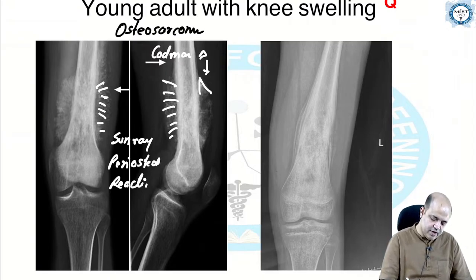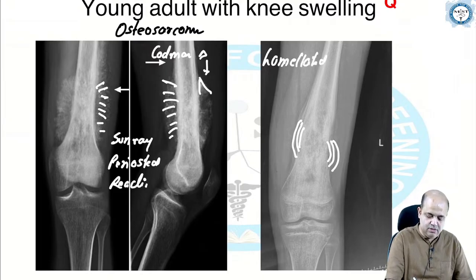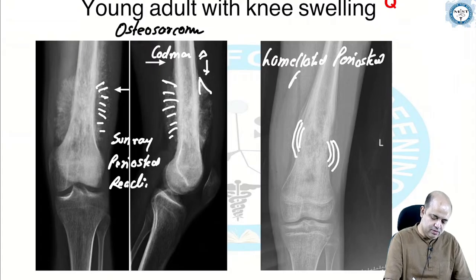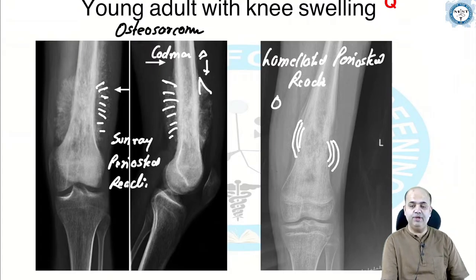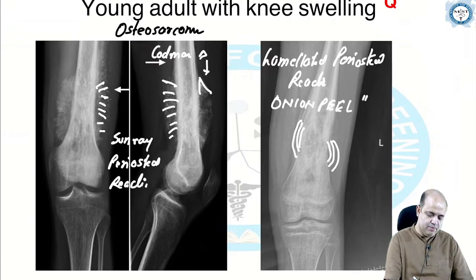Here what do we have? We have lamellated periosteal reaction. This is also called the onion peel appearance.